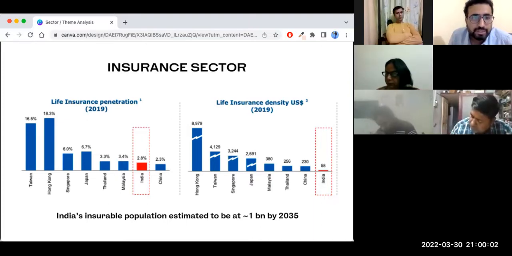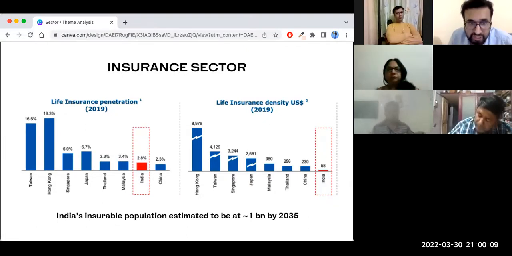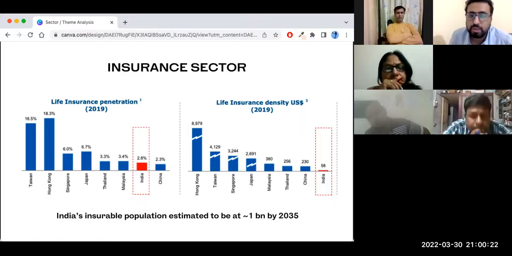If you compare that with other advanced countries, not only in the West but also in Asia, you'll see better numbers in Hong Kong, Singapore, Japan, Thailand, etc. Even in China, the penetration is less, but the density is very, very high. India's insurable population is estimated to be around 1 billion by 2035.